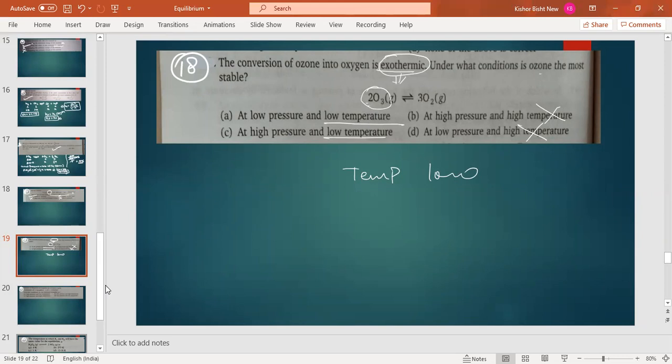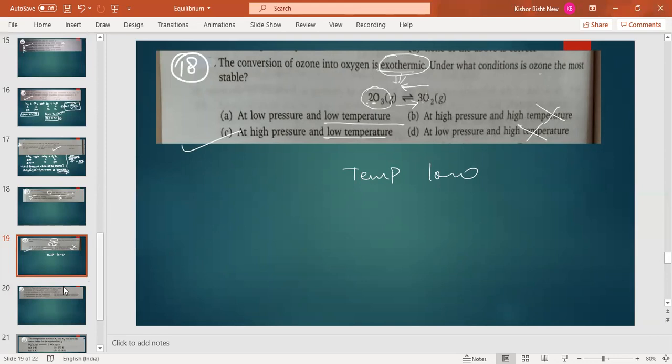If we take high pressure, the equilibrium shifts to where the number of moles is less. If we take low pressure, the gas goes to the direction where the number of moles is more. At low pressure, it goes to thrice O2, which means ozone is unstable. If the pressure increases, the equilibrium shifts toward where the number of moles is less. So your answer is C.